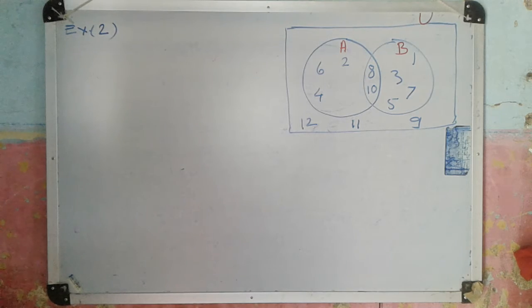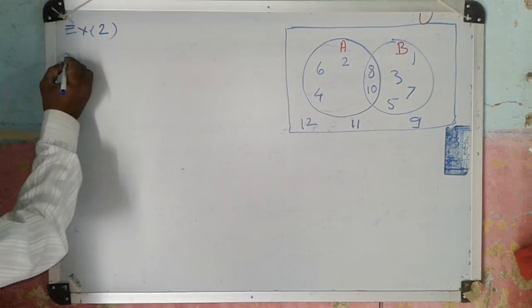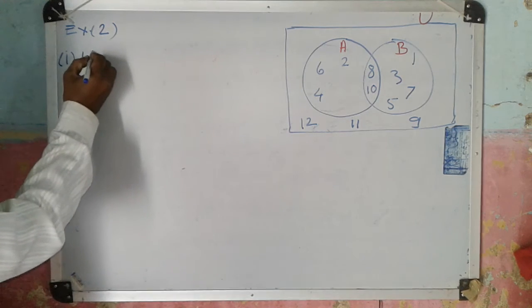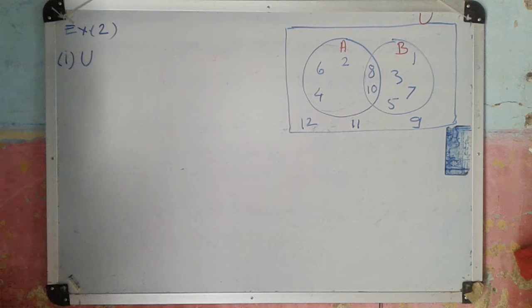It is shown by a Venn diagram. Now the question is, observe the Venn diagram and write the following sets using the listing method. First, the universal set.